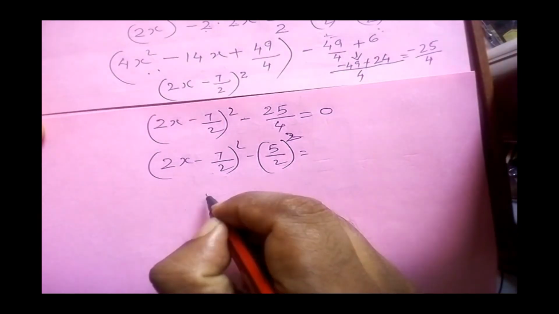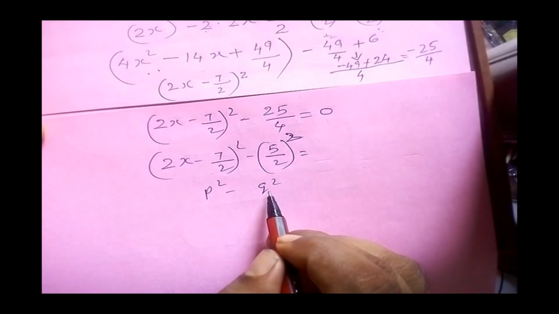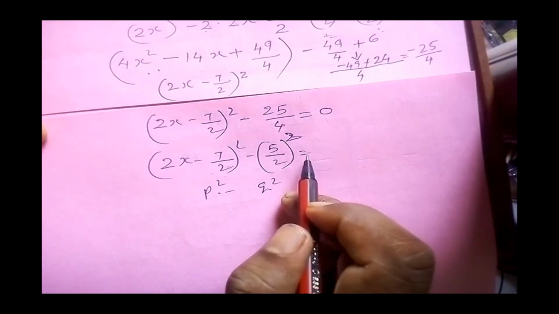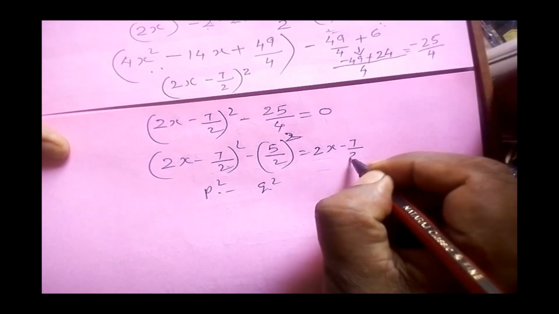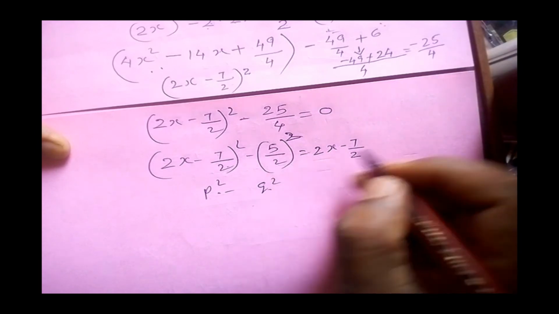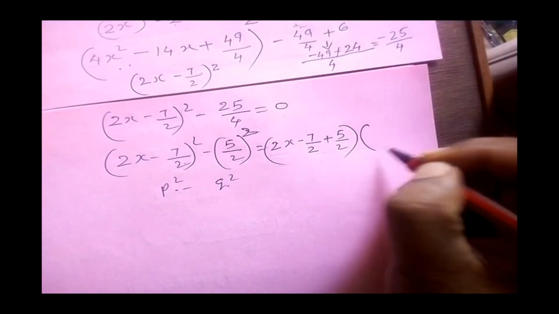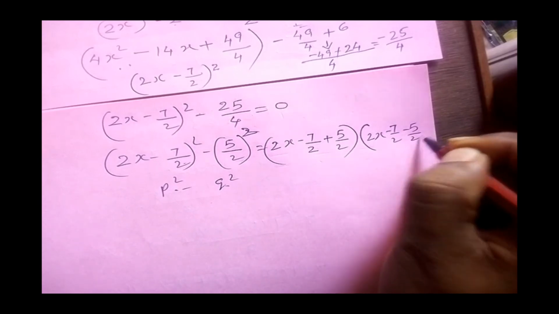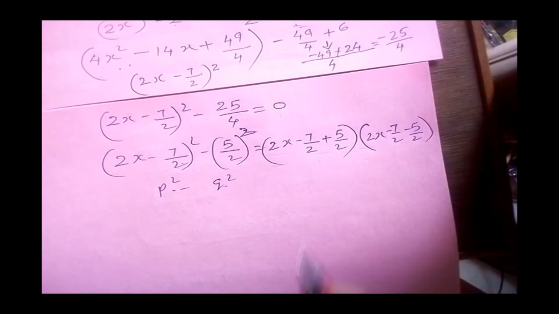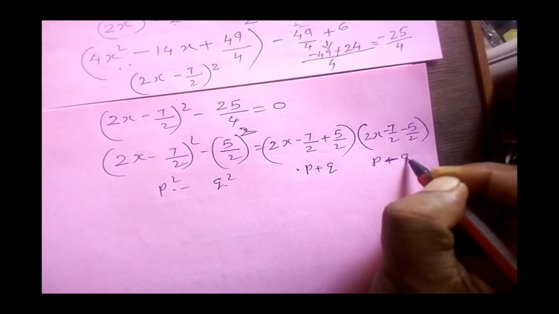This is again of the form p square minus q square. p square minus q square, we know it is p plus q into p minus q. That means p is equal to 2x minus 7 by 2 here and q is equal to 5 by 2 here. So p plus q into p minus q, 2x minus 7 by 2 minus 5 by 2.